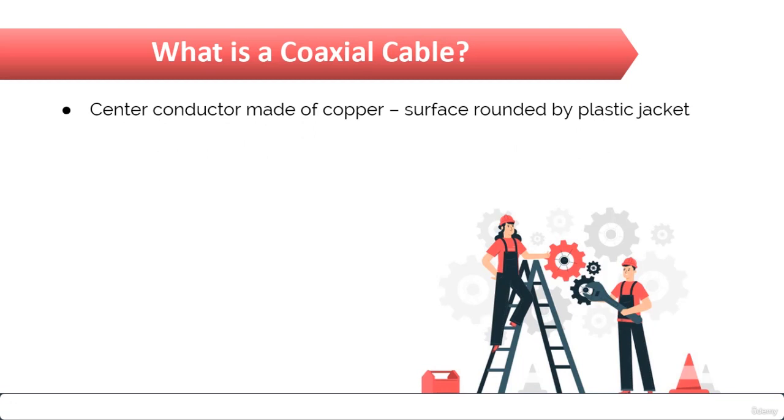Coaxial cable, referred to as coax, contains a center conductor made of copper that's surrounded by a plastic jacket with a braided shield over it. Okay, so a center conductor made of copper, surrounded by a plastic jacket.